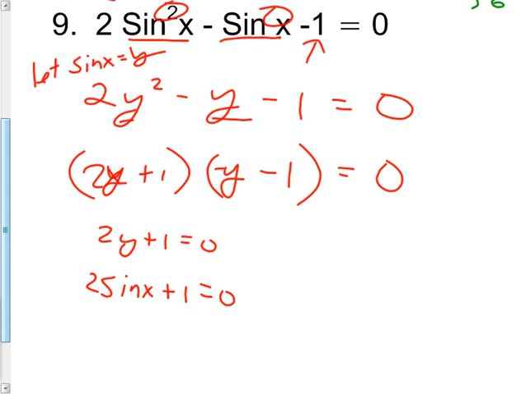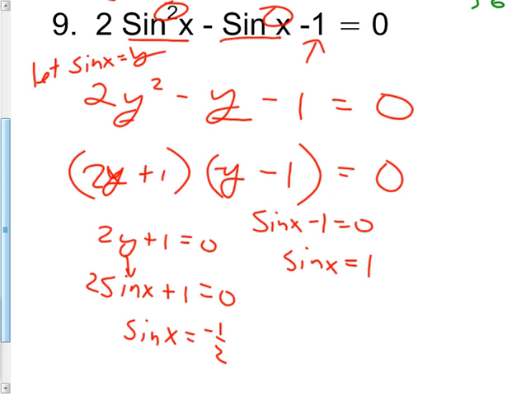And then I put the 1 on the other side, and I end up with sine x equals negative 1/2. And then there will be 2 answers for that. And on the other side, I'll have sine x minus 1 equals 0. So sine x equals 1.